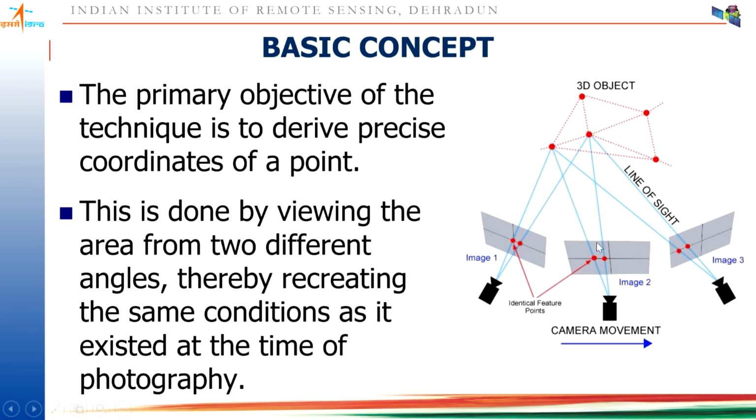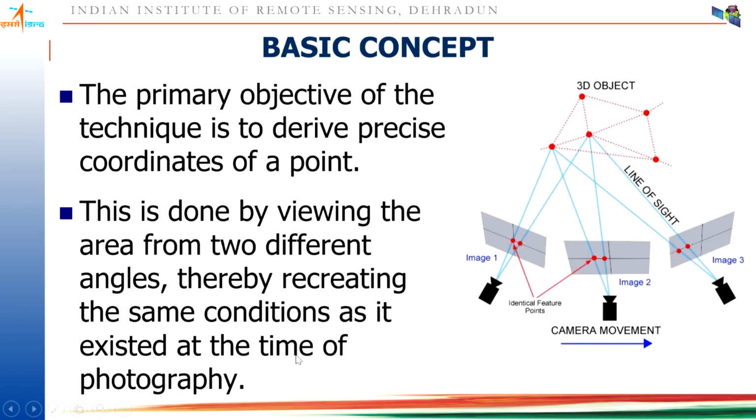This is done by viewing the area from two different angles, thereby recreating the same condition as it existed at the time of photography. Please note it down. This is very important: recreating the same condition as it existed at the time of photography. We will be discussing this more in tomorrow's lecture.